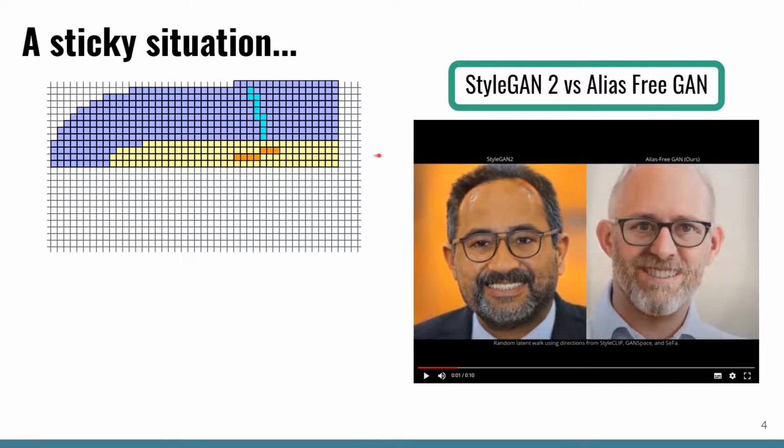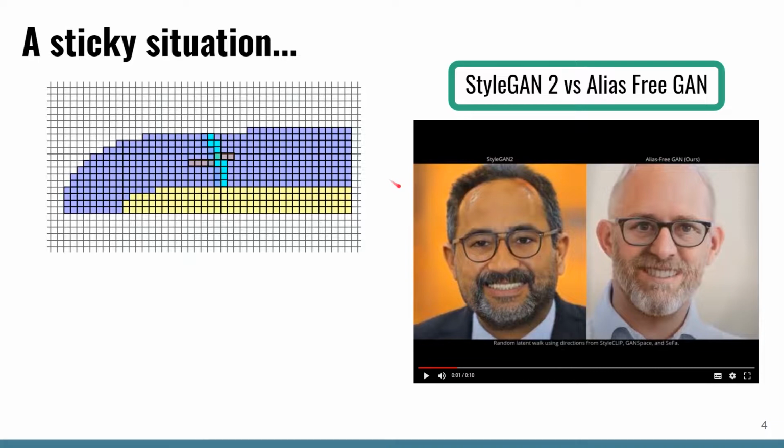But actually, in StyleGAN 2, that's not what we see. Instead, it looks like the features are stuck to a certain specific pixel coordinate, and when the object happens to be at the same space, for example when the hair is at this location, then the strand of hair will activate and appear on the screen.